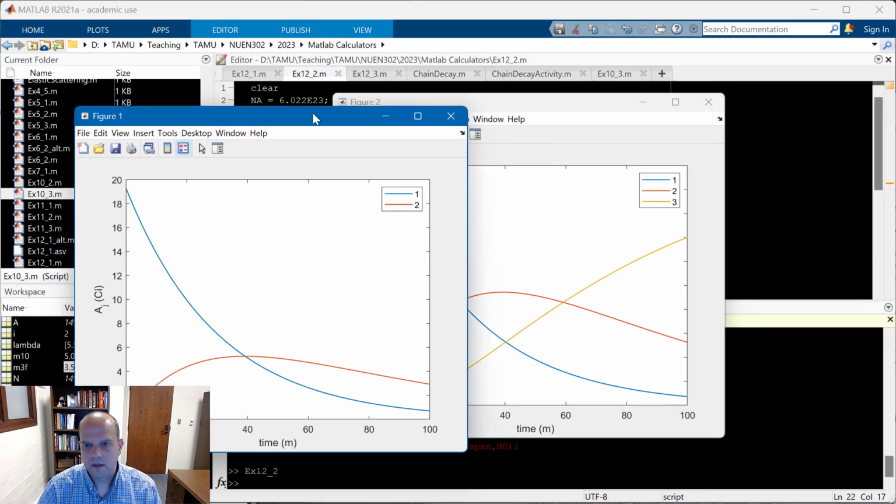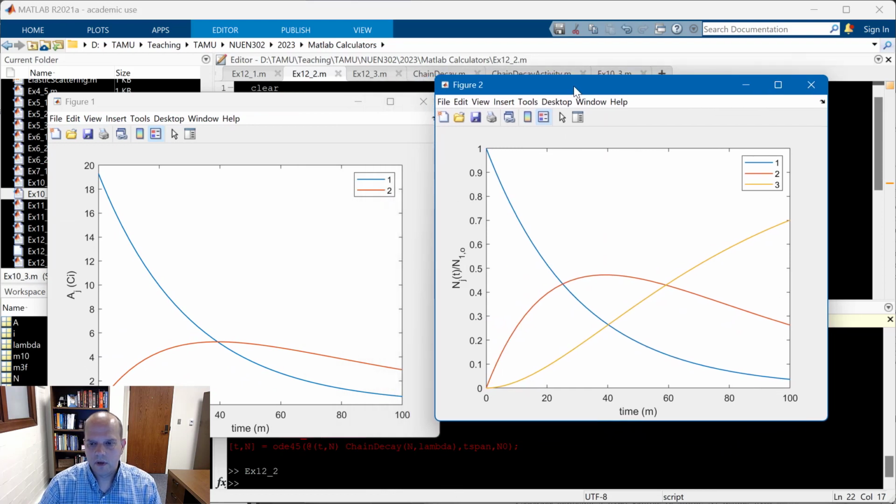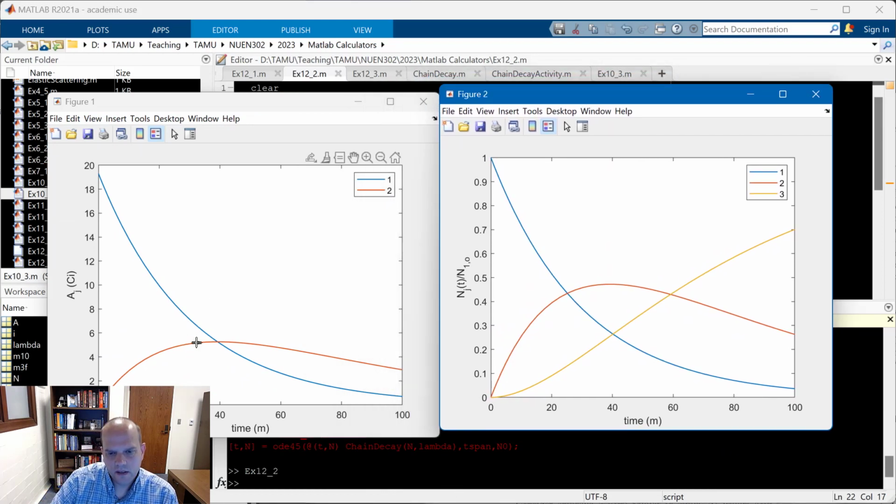So we've got figure 1, our activity in Curies, and this is the inventory for that, and you can see that this is about 39 or 40 minutes where I start to see the peak in the inventory for isotope 2, and it's the same location where I see the peak in activity for isotope number 2.